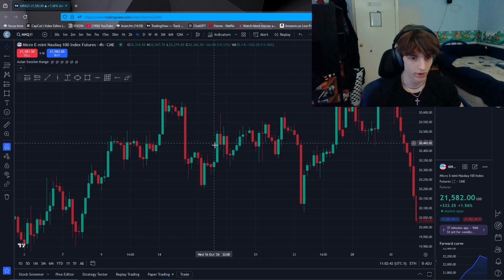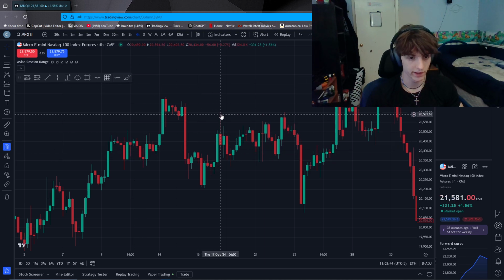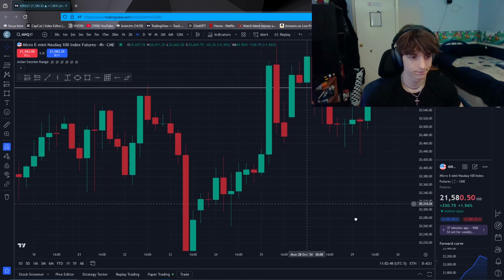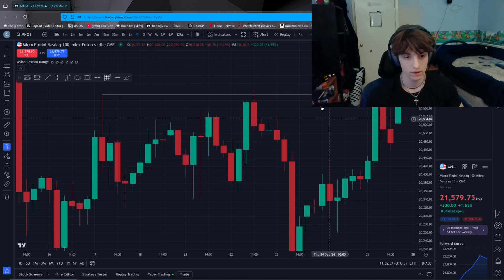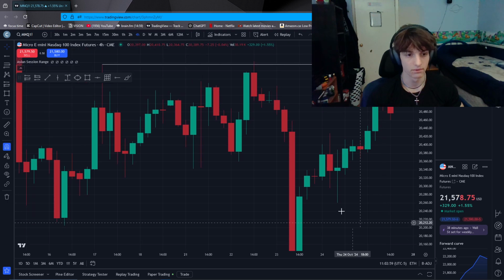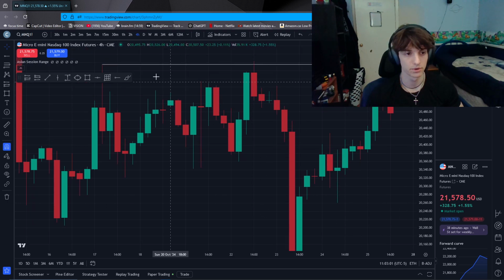Right here, we have a high. Move up, move down, top of the wick. Mark that. And you can see we had a candle that pushed above it, the wick pushed above it, and then we came down and closed below the high, and then we rallied lower. That is a liquidity sweep.